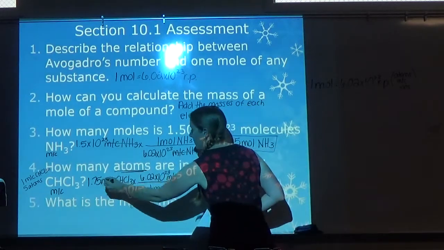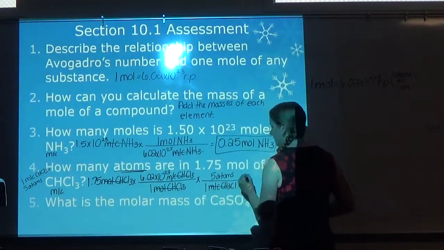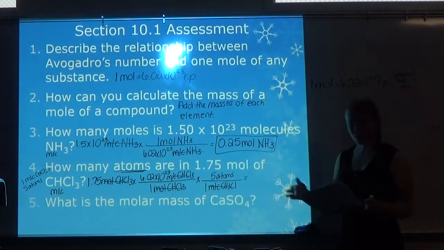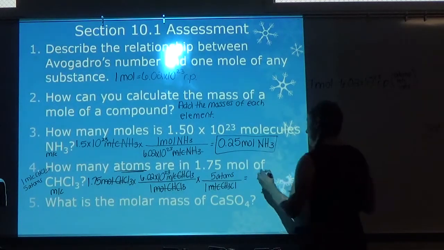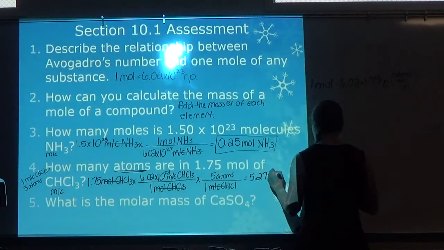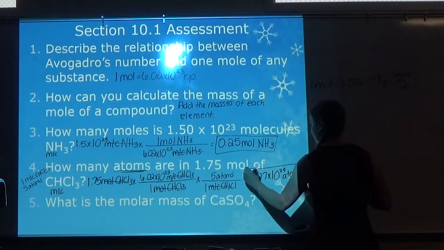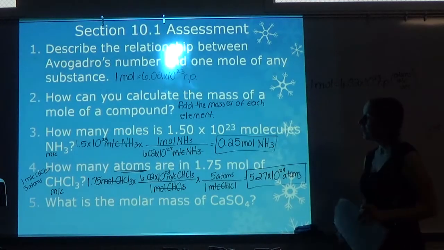So look, my moles cancel, my molecules cancel. I'm left with atoms, which is what it asked for. And so then I just multiply across the top since all 3 numbers are on top. And I got 5.27 times 10 to the 24 atoms. Just like that.